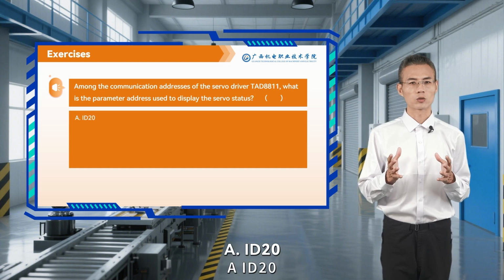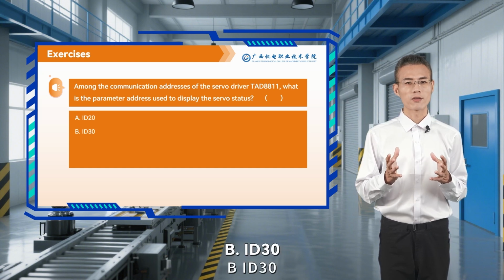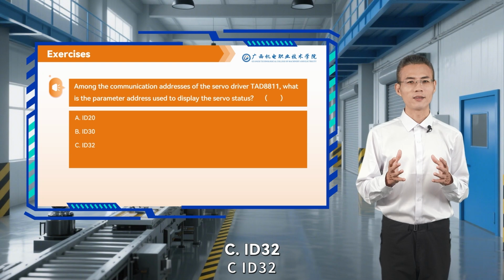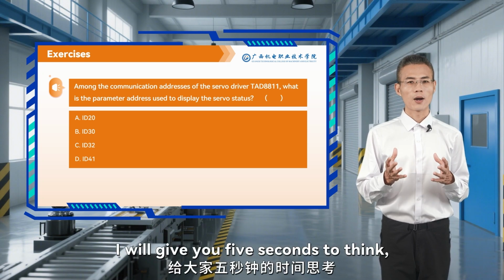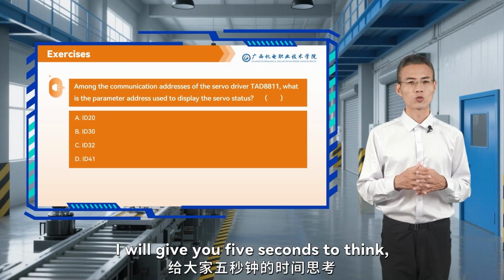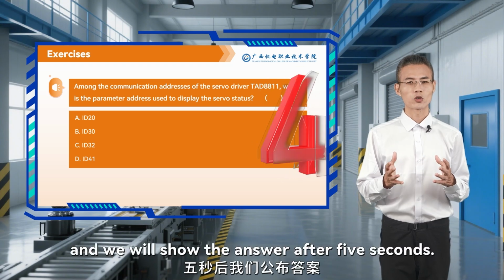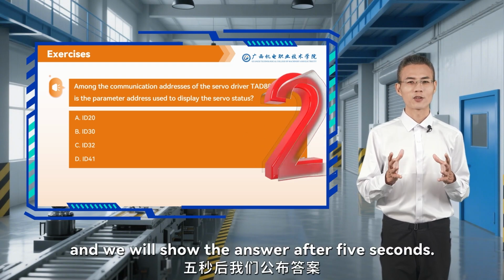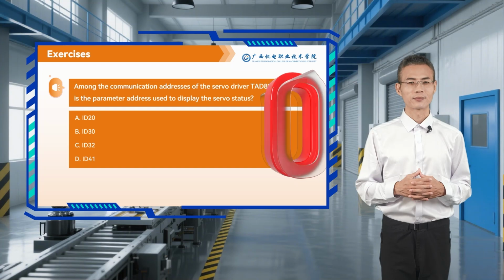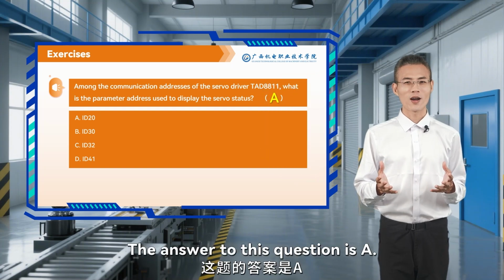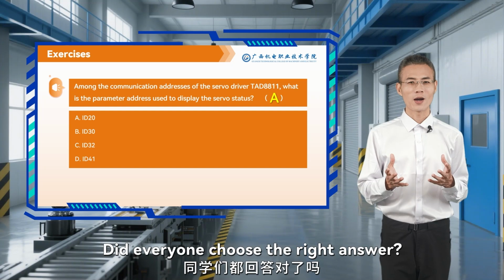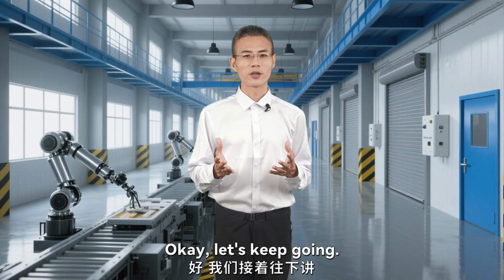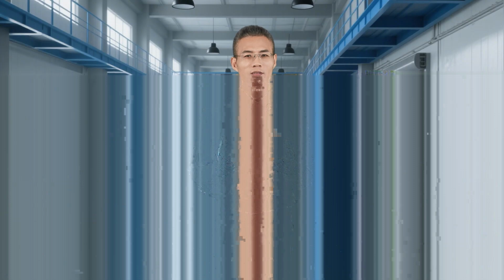A. ID 20, B. ID 30, C. ID 32, D. ID 41. I will give you 5 seconds to think and will show the answer after 5 seconds. The answer to this question is A. Did everyone choose the right answer? Okay, let's keep going.